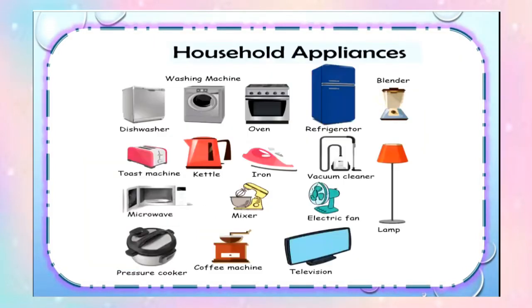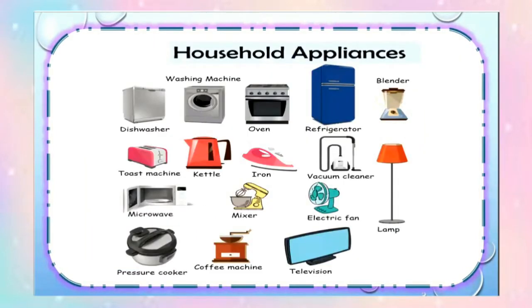Next, we can also have these household appliances. These appliances are also important, especially at home, such as the washing machine we had earlier. Another one here: dishwasher, oven, refrigerator, blender, toast machine, kettle, iron, vacuum cleaner, lamp, electric fan, mixer, microwave, pressure cooker, coffee machine, and television, and many more.